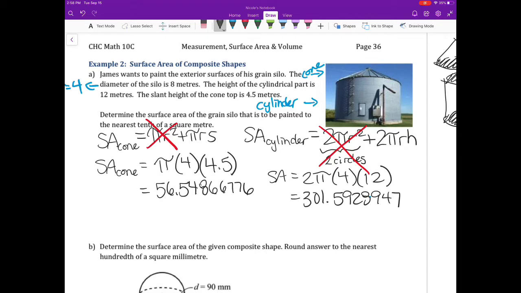This is a composite shape, so I'm going to add these 2 areas together, and I end up with 358.1415625, so just 0.1. I'm going to include my units, meters squared, since this is surface area.